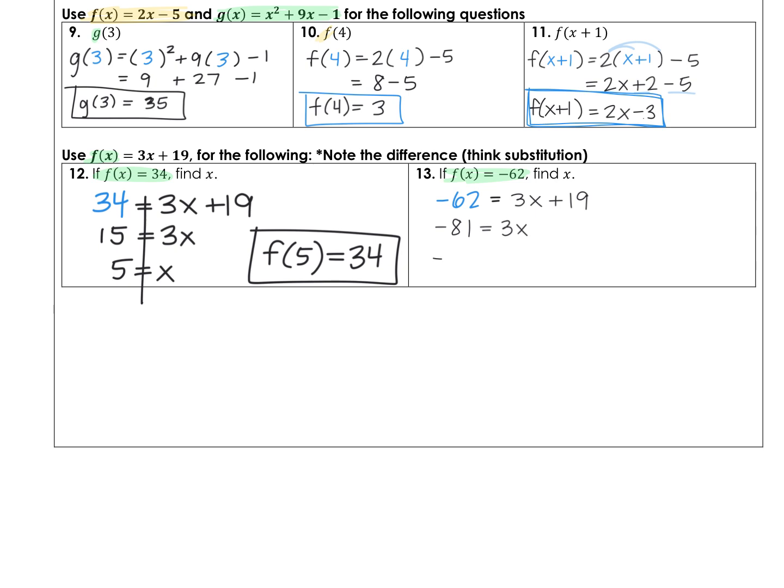You divide by 3 and have this. So again, my favorite way for you to write your answer would be in function notation. You already knew the output, but now you know the input that caused it. So f of negative 27 would get me negative 62.